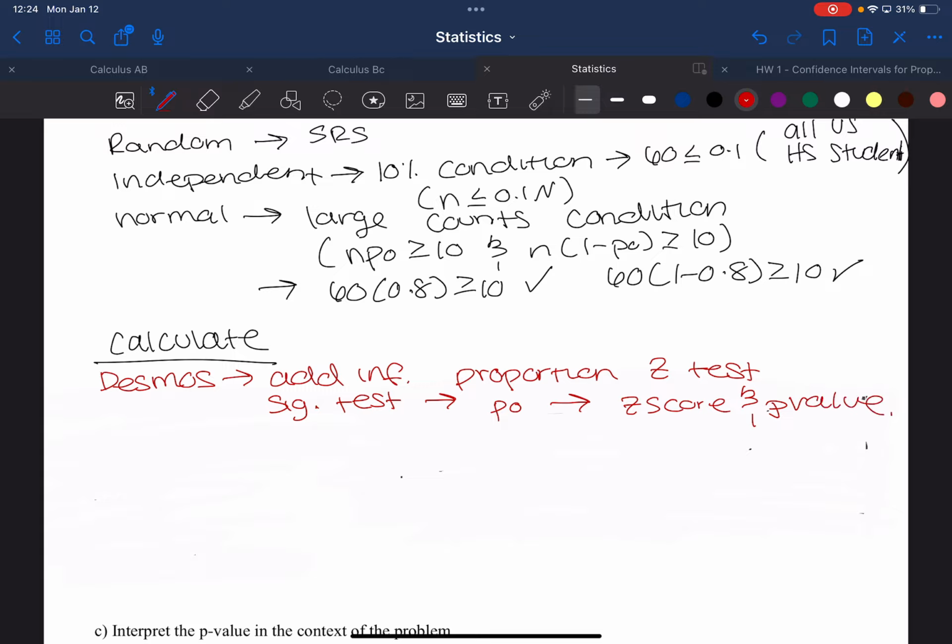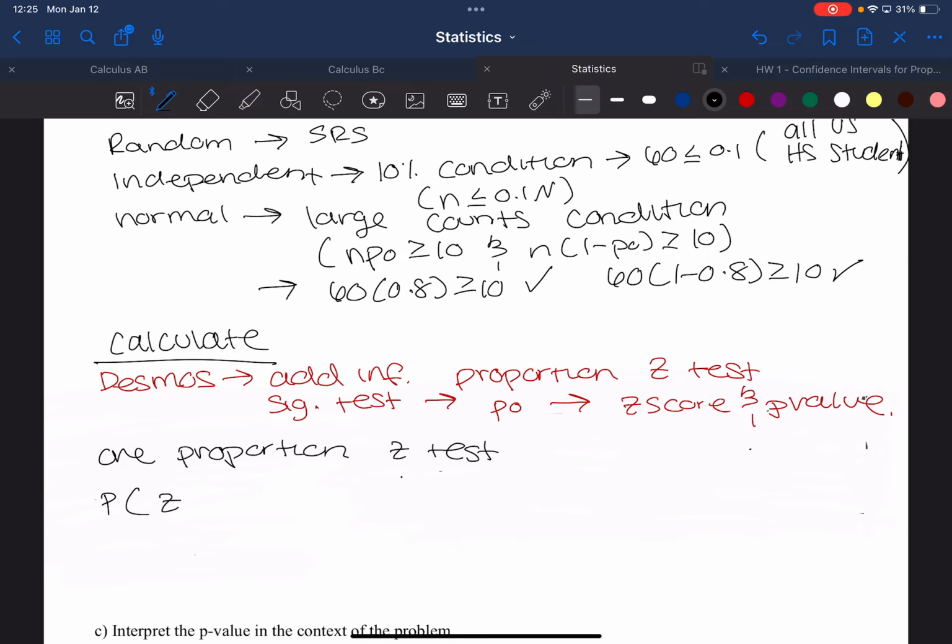If I was setting this up, remember in Calculate, I have to first give the name. This is a 1 proportion z-test. Since I'm using Desmos, I need to set up what that probability looks like. So this is the probability that z, and then whatever I put next is based on my alternative hypothesis.